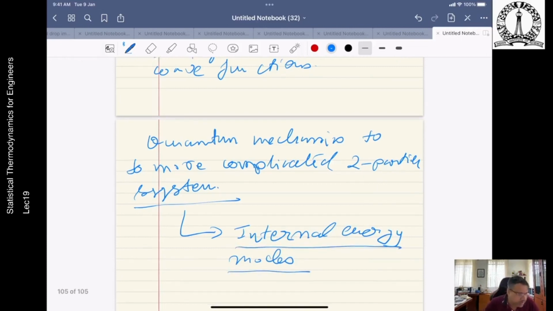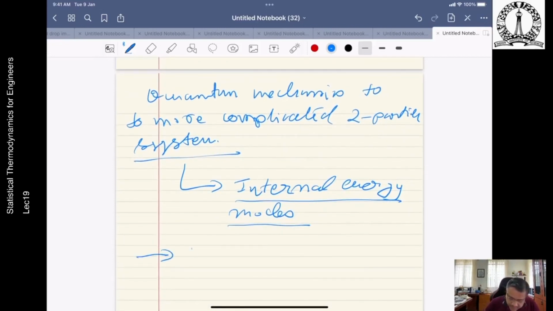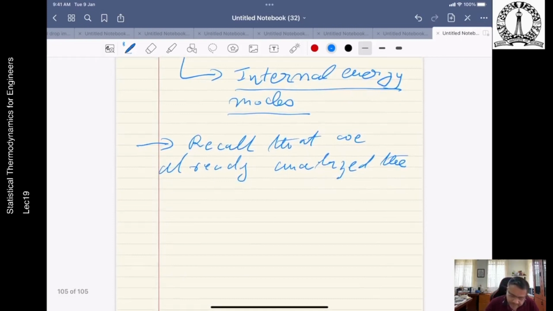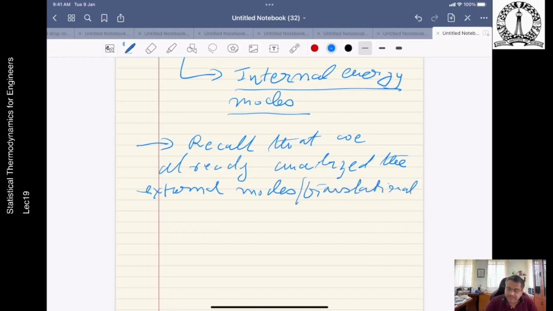Recall that we already analyzed the external modes, our translational energy modes, and we did it for a single particle system.